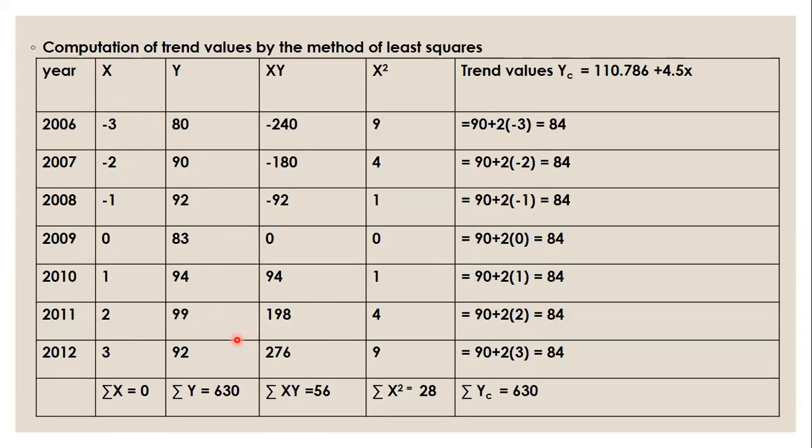Then coming to XY, multiply the column of X and the column of Y, and then get the total of them. And lastly, we'll find the X square and the total of that column also. And then coming to trend values, we will first fit the equation and then we will calculate the trend values.